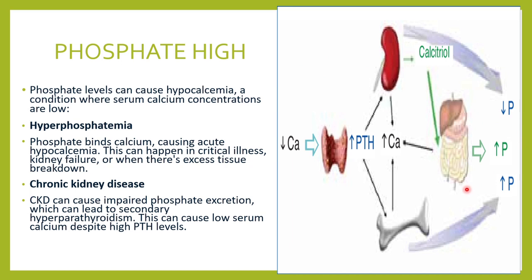In chronic kidney disease, when there is impaired phosphate excretion, this will lead to secondary hyperparathyroidism, and this can also cause low serum calcium. Impaired phosphate excretion occurs, and this can cause hypocalcemia.